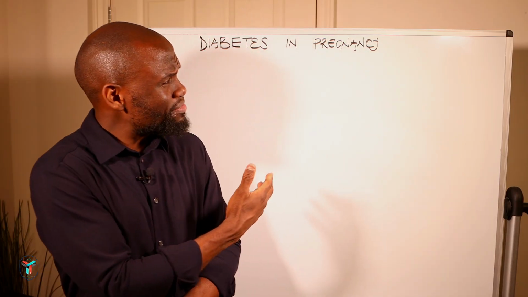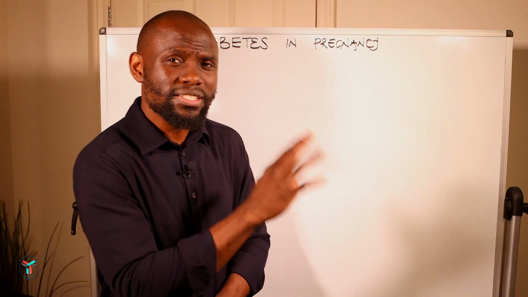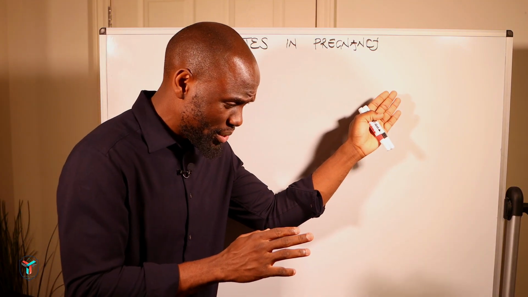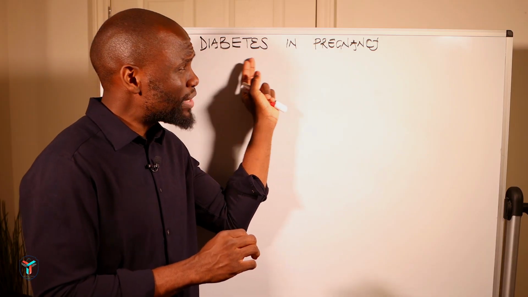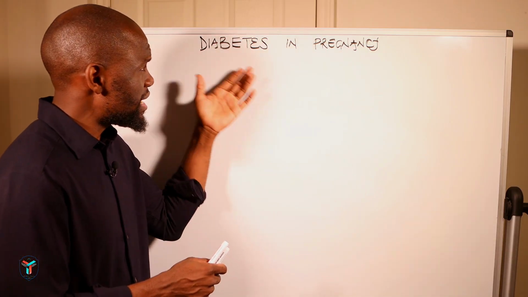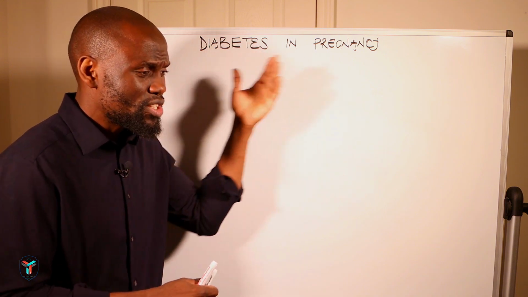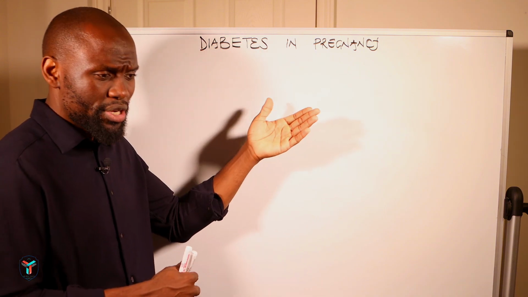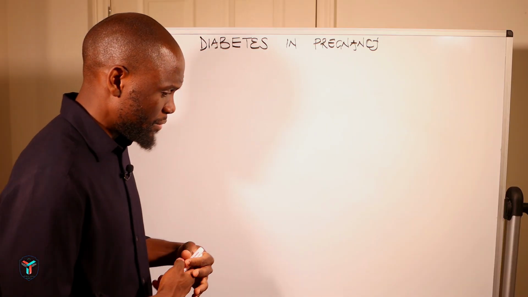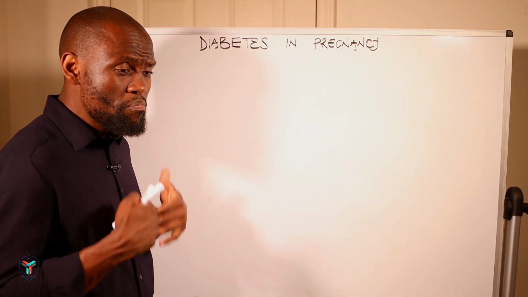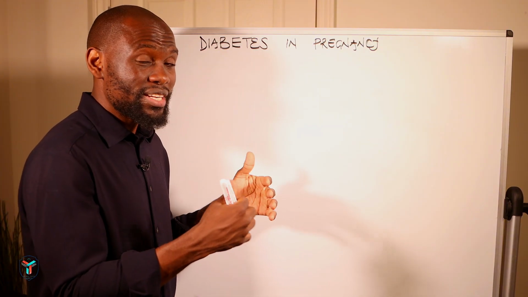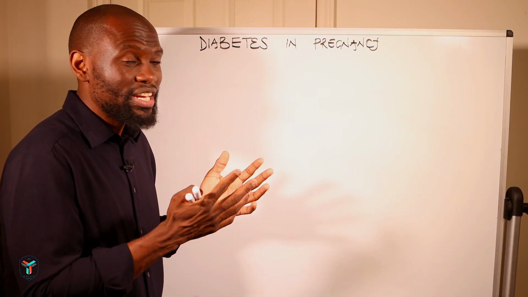Now let's quickly dive into today's session and understand what diabetes is all about. We're going to be looking at diabetes in pregnancy, but before we get to that, it is imperative that we understand what exactly is the source of this glucose that we're talking about. So the body does make its own glucose from the various systems that it can utilize within itself.